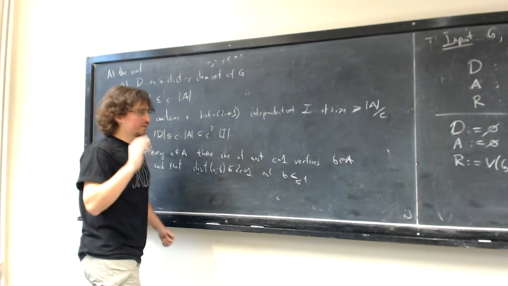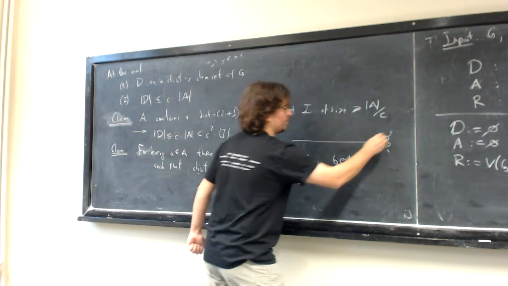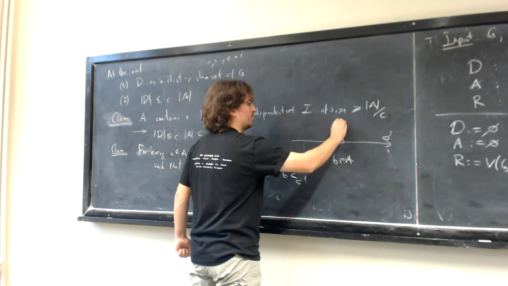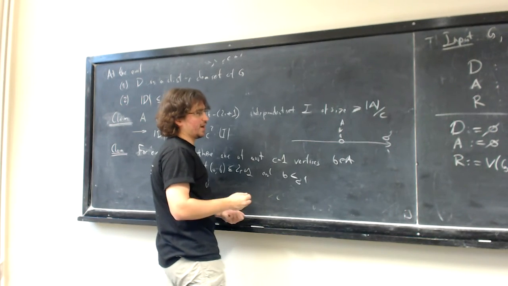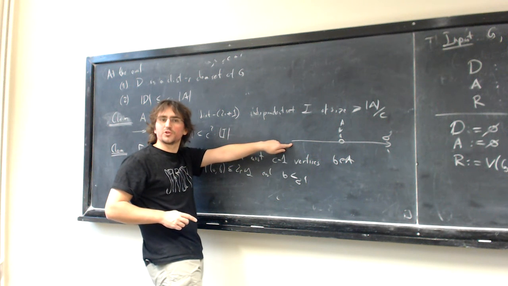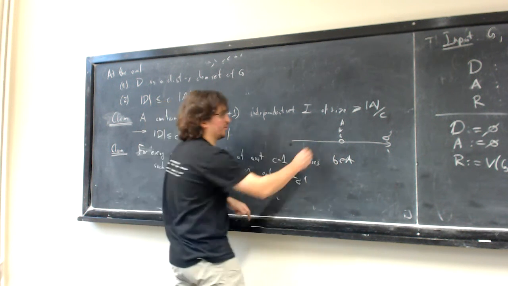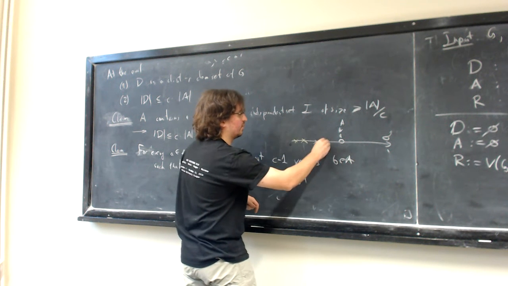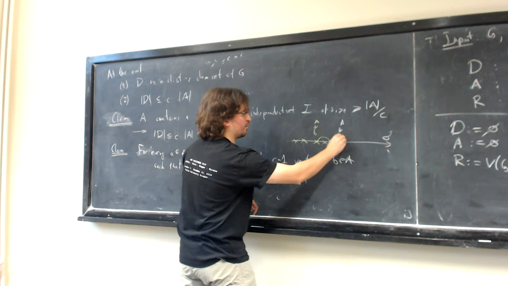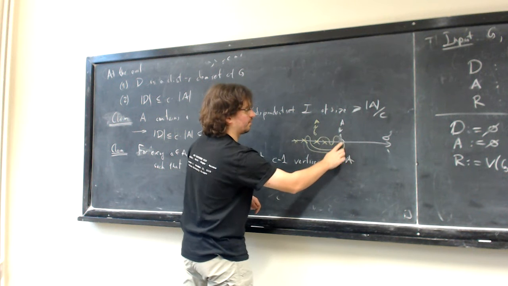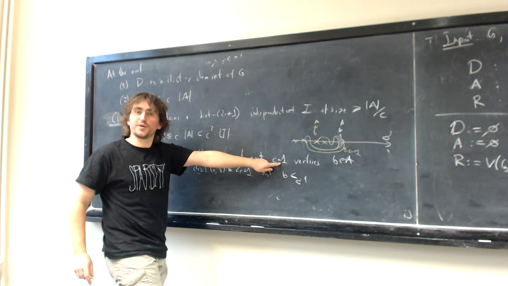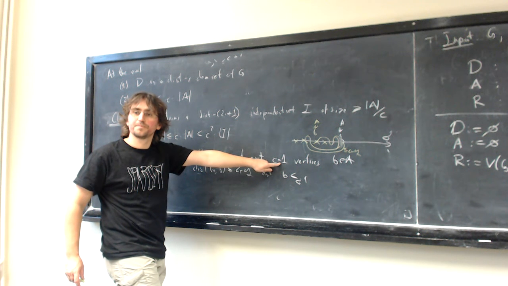So let's look at the picture. I claim that if this is sigma, and here I've got some vertex A belonging to A, and I think how many vertices to the left of it from A can be reached by a short path, then this number is bounded. If I have B's from A such that the distance between these two vertices is at most 2R plus 1, then the number of such different vertices is at most C minus 1. This is my claim.